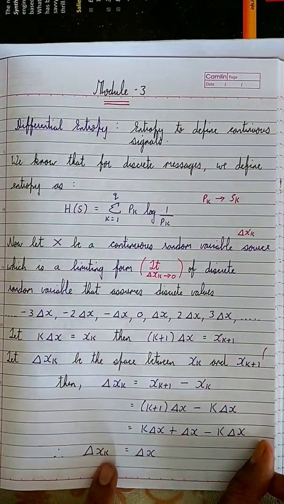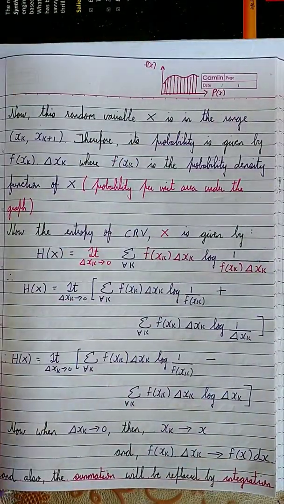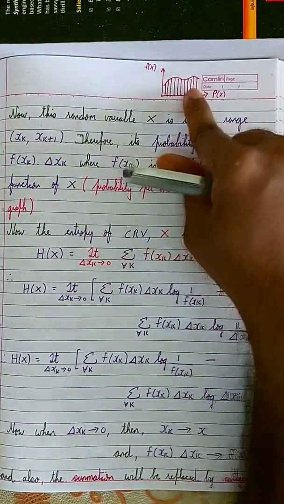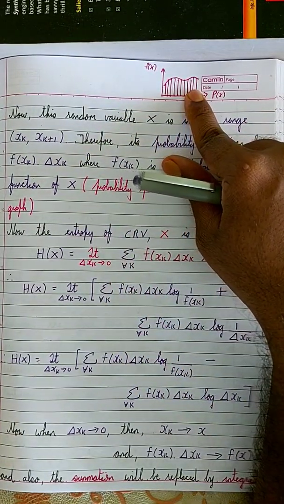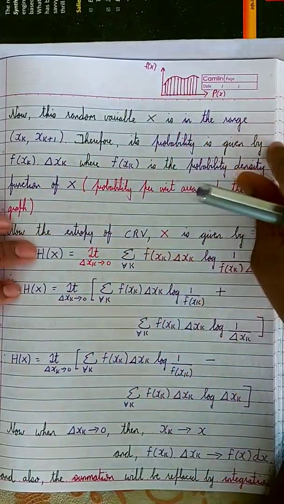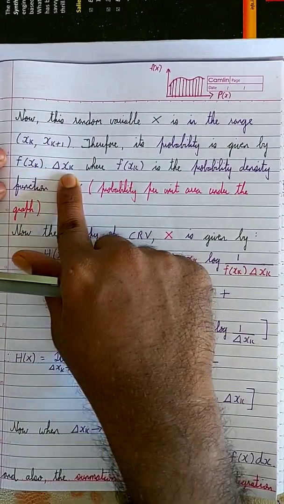We already found that. The area between xk and xk plus 1 is del xk, which means if you want to find the probability of x, all you need to do is multiply this probability per unit area, that is this PDF, with its area, which is del of xk. Therefore the probability is given by f of xk into del xk.